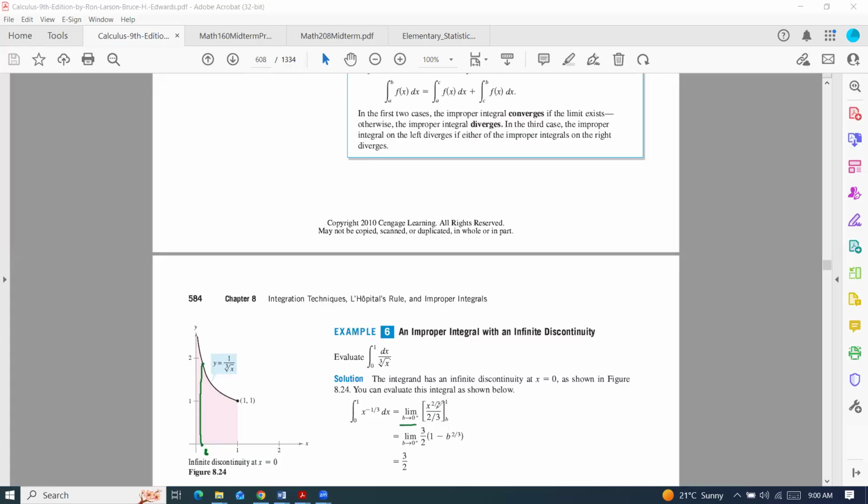When b starts to approach 0, you should be able to take the limit. And first of all, you take the antiderivative. Once you do it, you don't have the integral any longer. But now you can take your limit when b is approaching 0, so it disappears. It'll be just 3/2, and that's it.